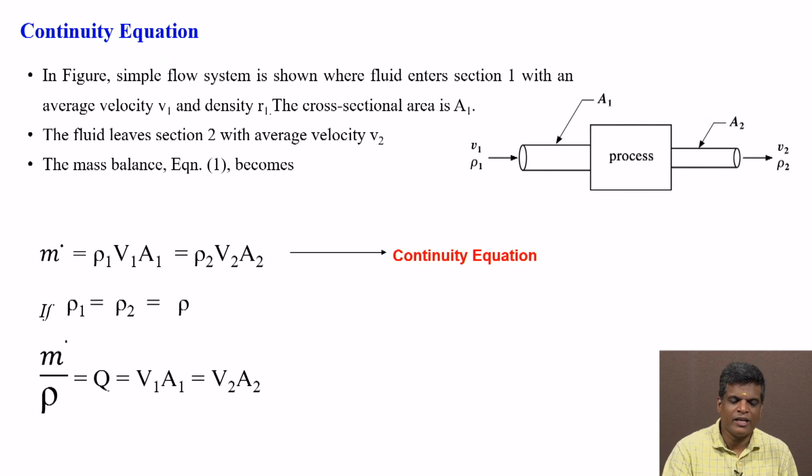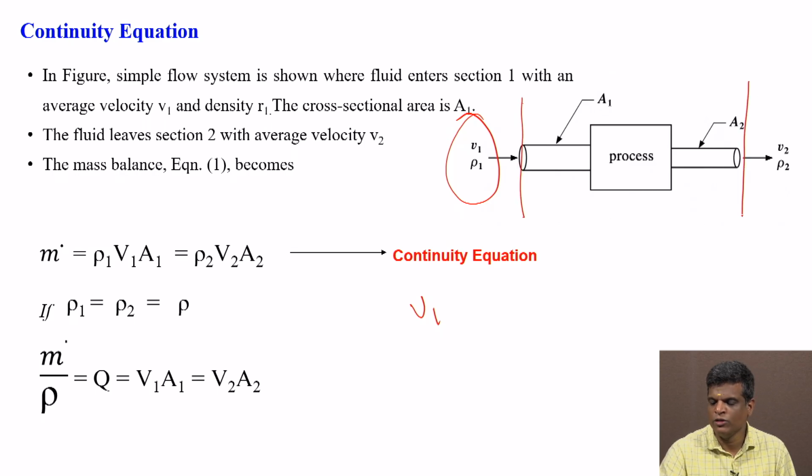In terms of the continuity equation, how does it work here? V1 is the velocity at point 1, and this is point 2. Rho 1 is the density, A1 is the area, and the same way for A2. At point 2, we have velocity 2 and density 2.